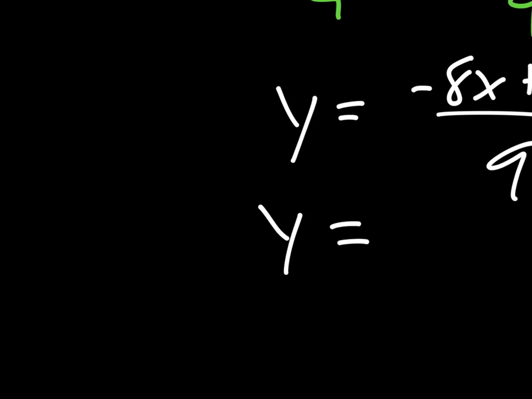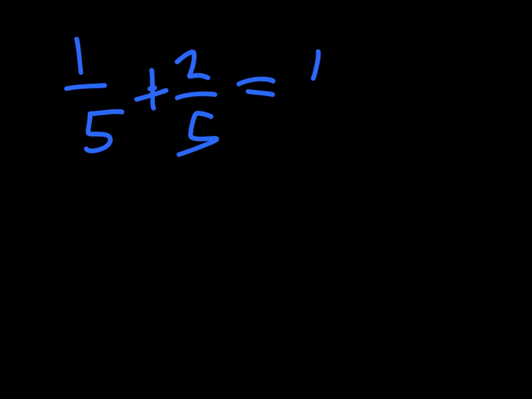And we can break this up because of this logic right here. For example, if I have a fifth plus 2/5, I know that this is the exact same thing as 1 plus 2 over 5, right? With that same logic, I can do the exact same thing.